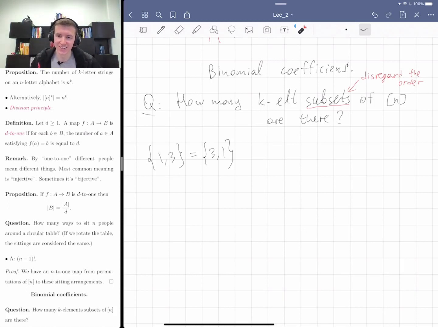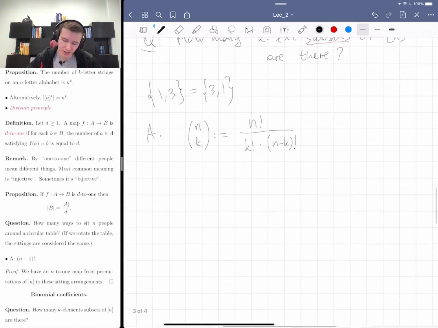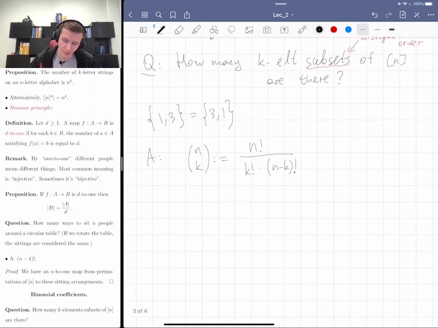Okay, I see the correct answers in the chat. The answer is n choose k, which by definition is n factorial divided by k factorial times n minus k factorial. So for example, 4 choose 2 is 4 factorial divided by 2 factorial times 4 minus 2 factorial.